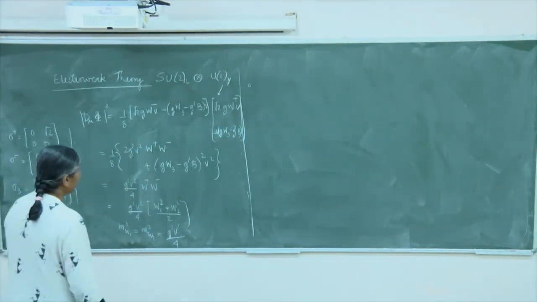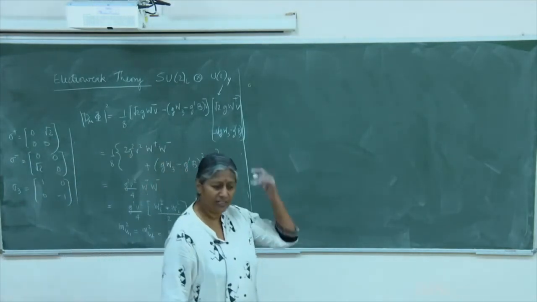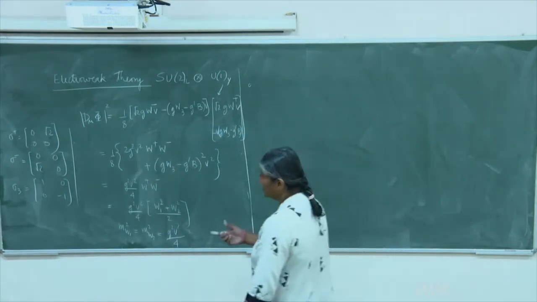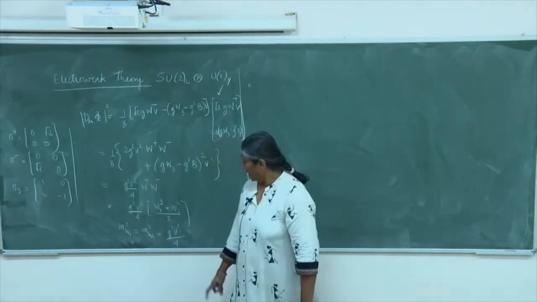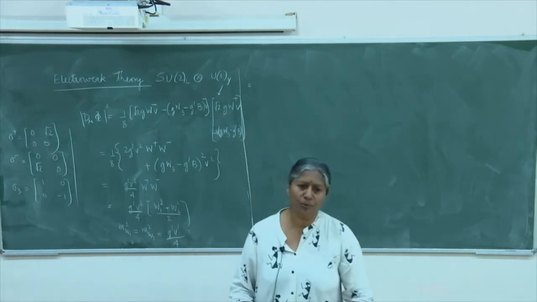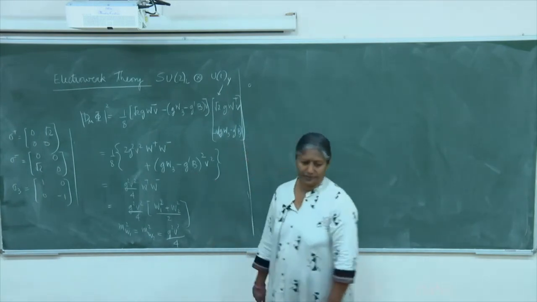Now G is already known. G is known from what? G is known because you remember G sin theta is equal to E, or you can write G in terms of GF, the Fermi constant. So question is V known? So either you must know theta W or you must know the mass of the Higgs, and I will put in numbers once I have completed this part of the calculation.